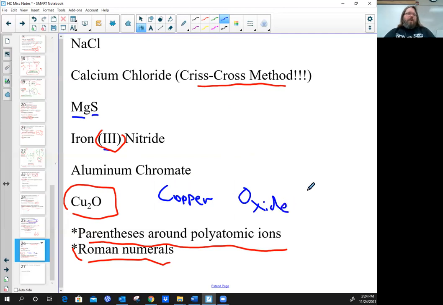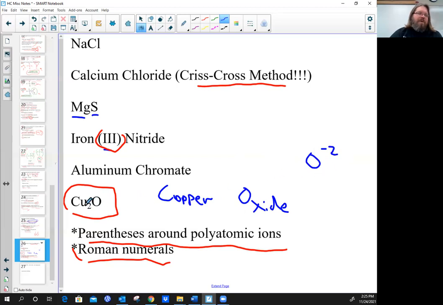Okay. But there's something missing here. If you look on your common ion sheet, you'll notice that copper has a couple of different kinds. There's copper 1, Roman numeral of 1, and copper 2, Roman numeral of 2. Well, which is it? We got to determine that. Well, we got to understand here, this is oxide. Oxide has a -2 charge, okay?